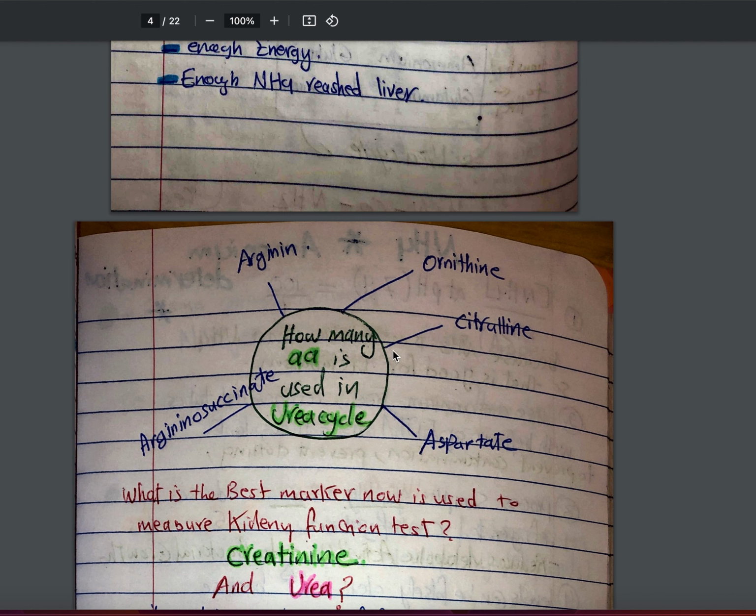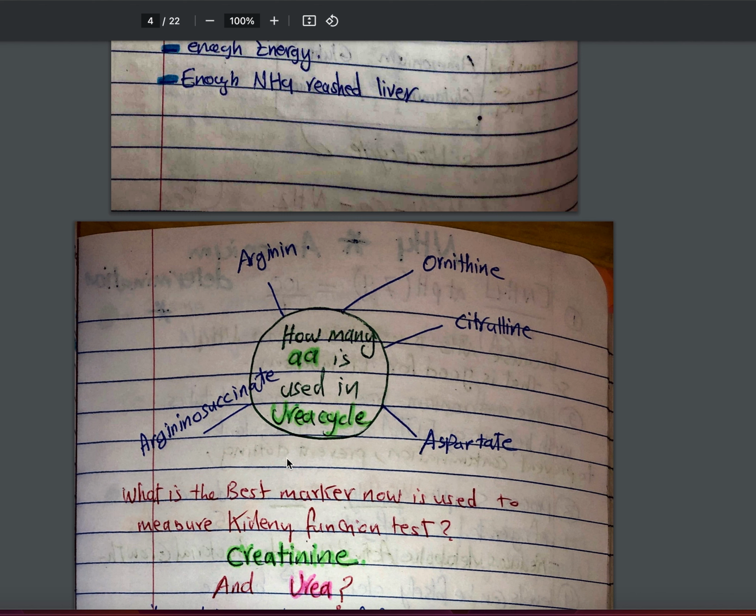The question says here, how many amino acids are used in the urea cycle? Actually, we use arginine, citrulline, aspartate, and argininosuccinate. So we have like here 5 amino acids: arginine, citrulline, aspartate, argininosuccinate.